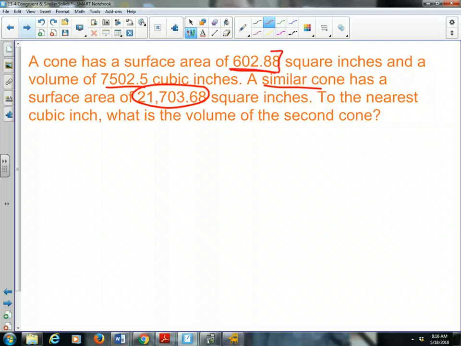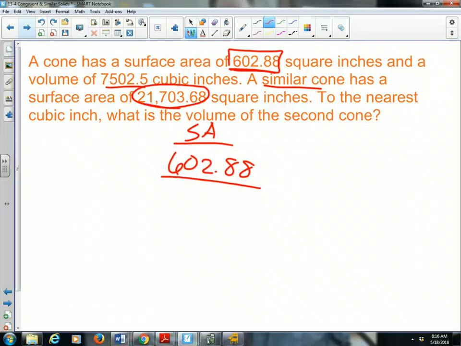The surface area of the smaller cone is 602.88. So this is our surface area spot. The surface area of the bigger cone is 21,703.68.